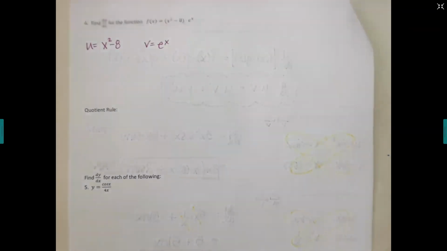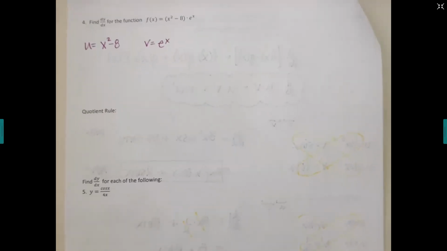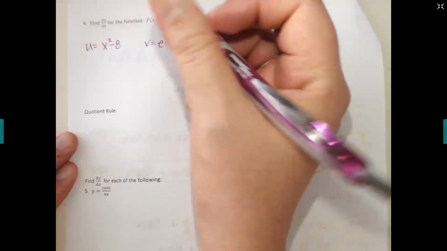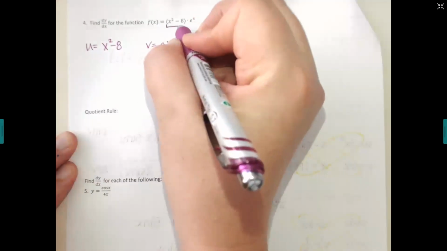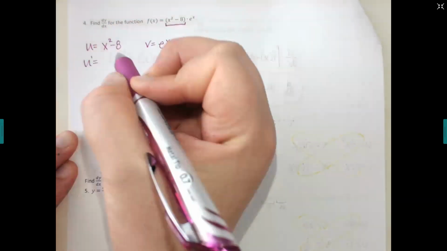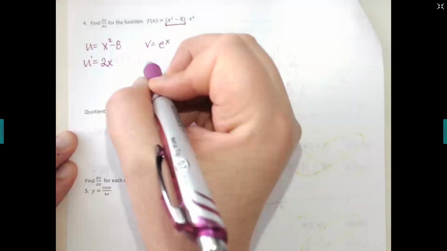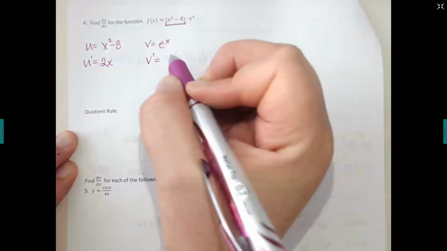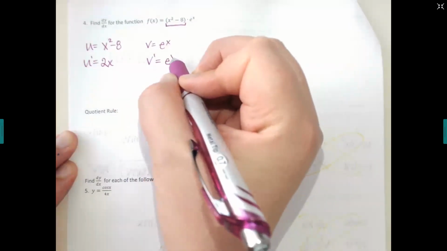Okay, so your u should be x squared minus 8. That makes your v e to the x. Let's take those derivatives. What is u prime going to be? 2x. And then what about the derivative of e to the x? E to the x again.